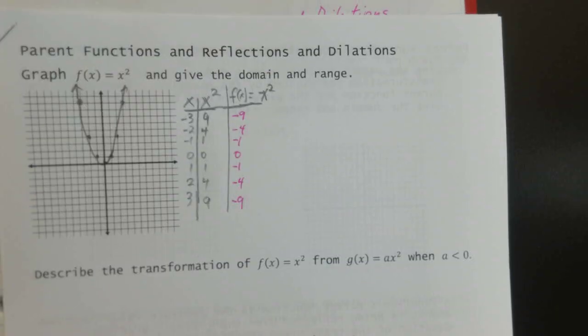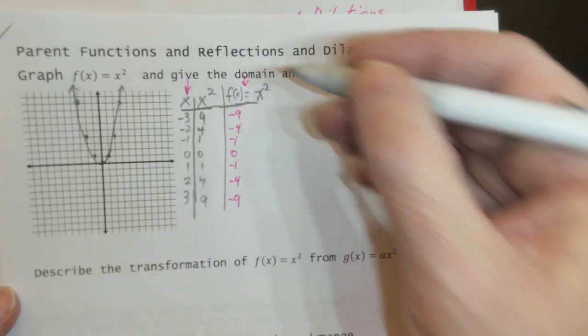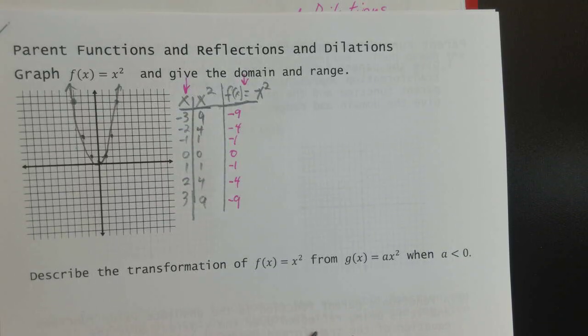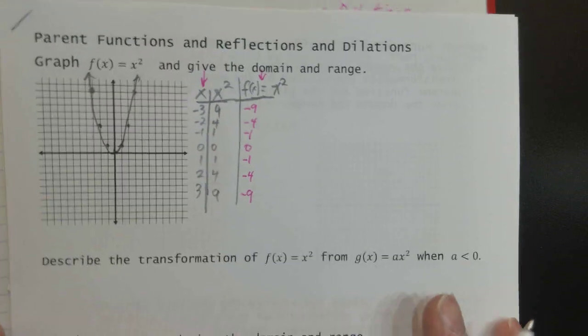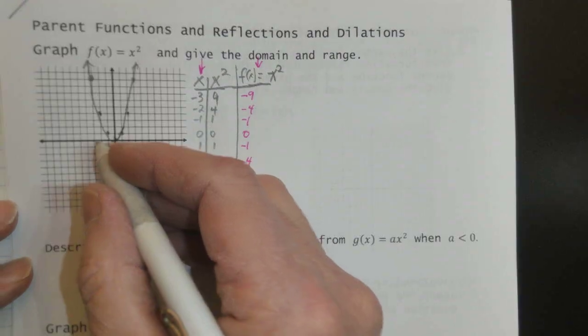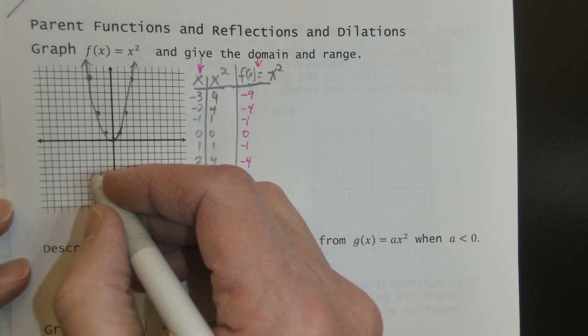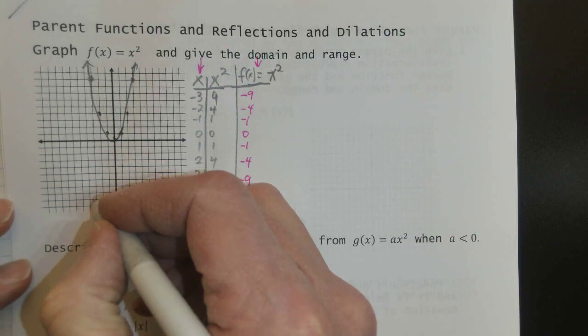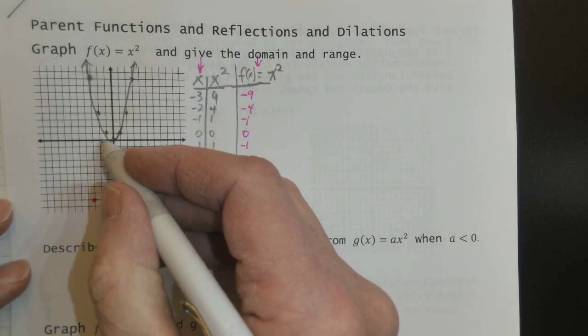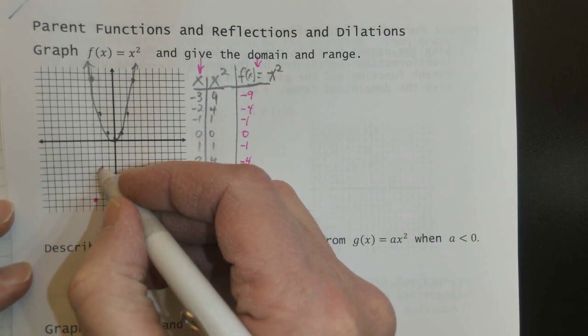Is everybody good there? So if I plot the same x versus this new y, let's do that. Negative 3, now it's negative 9. 1, 2, 3, 4, 5, 6, 7, 8, 9. Negative 2, negative 4, 2, 3, 4.